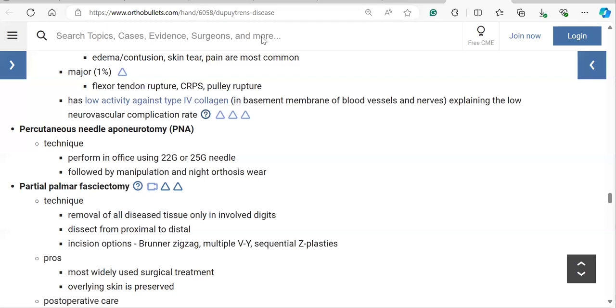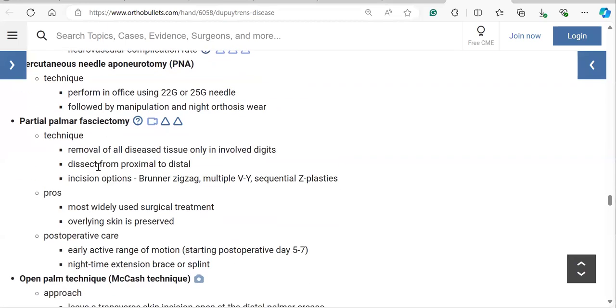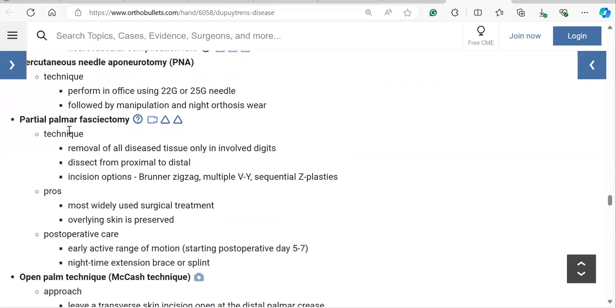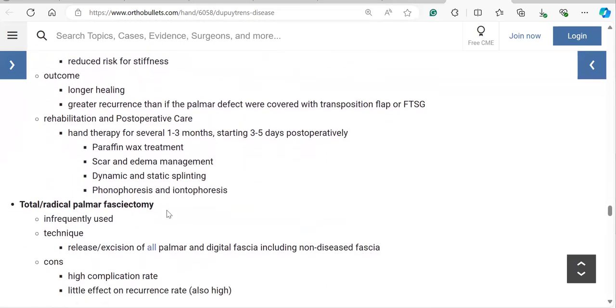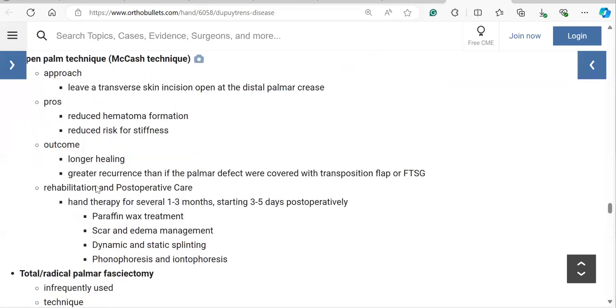So there is a non-operative treatment also. We call it percutaneous needle aponeurotomy. That's also one of the things that can be done. There is also partial palmar fasciectomy, and then we also have total fasciectomy.